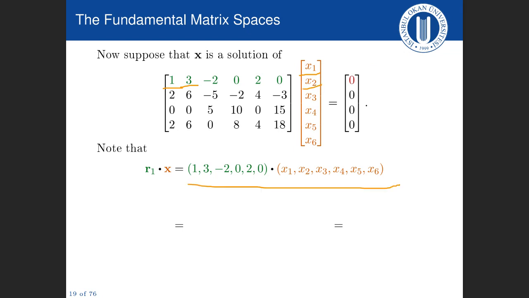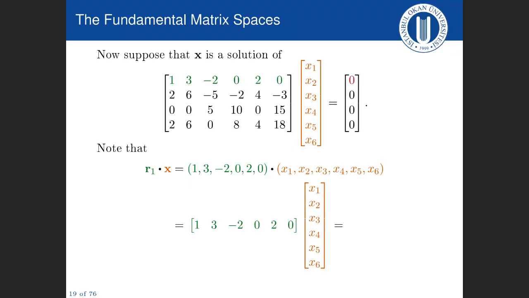Basically, the first line is just going to be this green vector dot this orange row vector. Or in terms of matrices, we can do this green row vector multiplied by this orange column vector. And that's going to be equal to this 0.